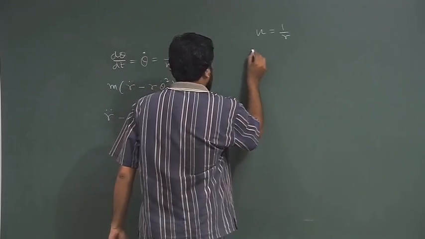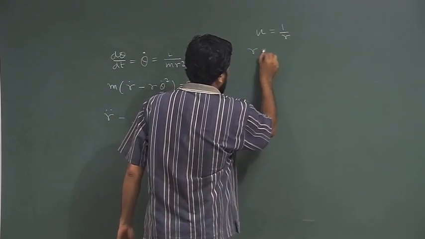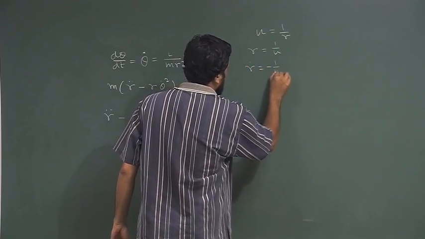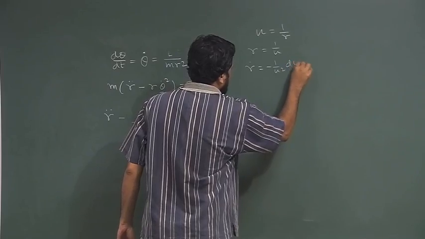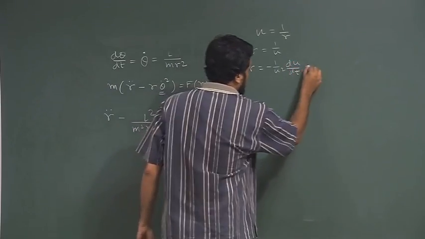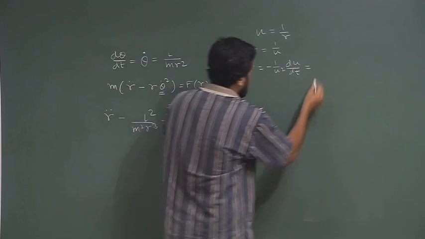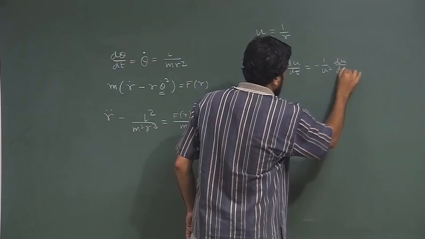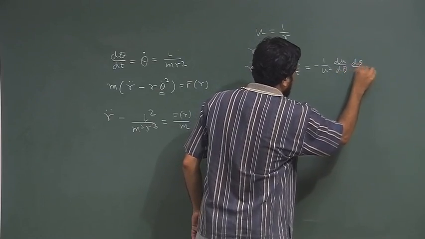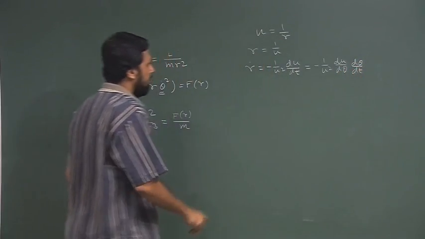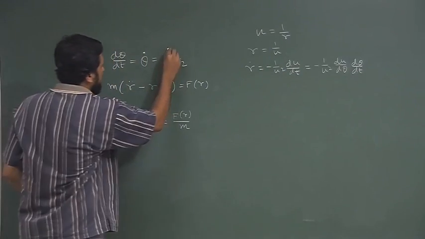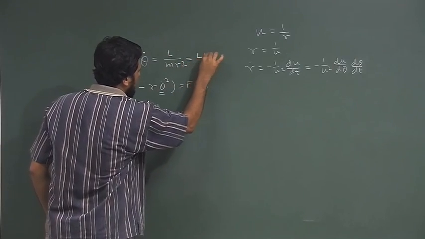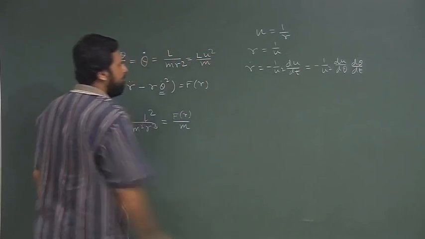So, if this is the case, then r is also 1 over u, and r dot is minus 1 by u square du dt. We can do a mathematical manipulation on this and write minus 1 by u square du d theta times d theta dt, which is theta dot again, and in this notation theta dot, which is L by m r square, will be L u square by m, right.